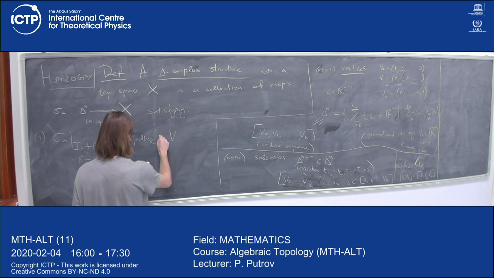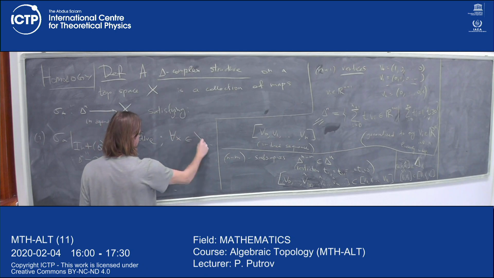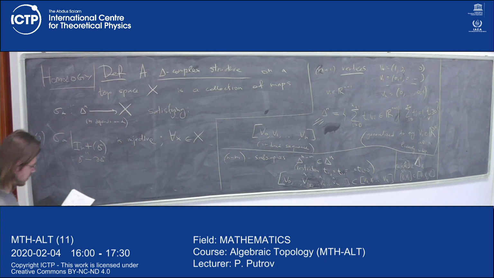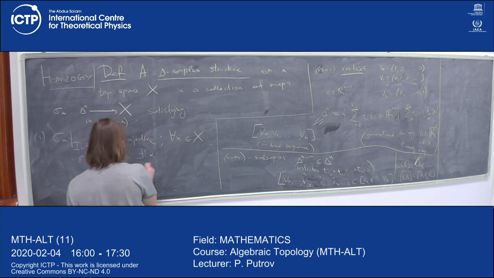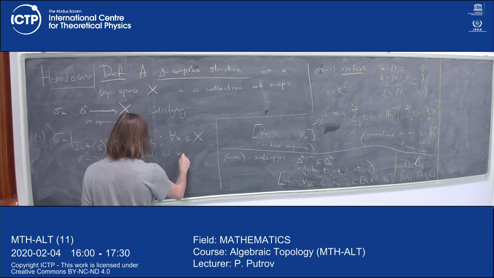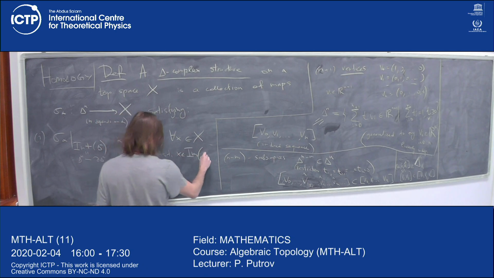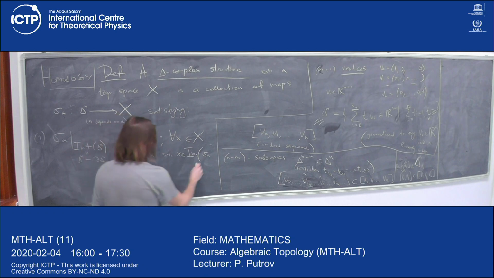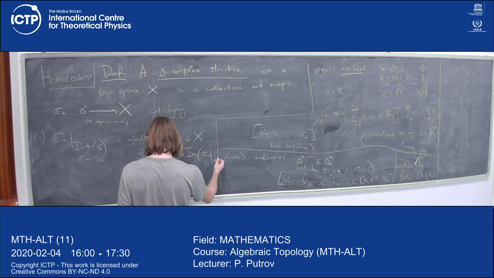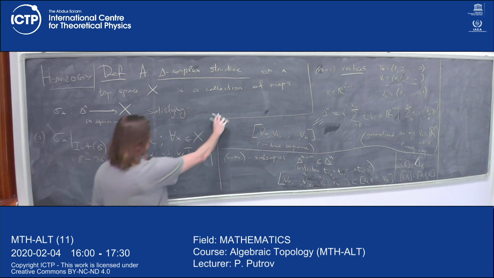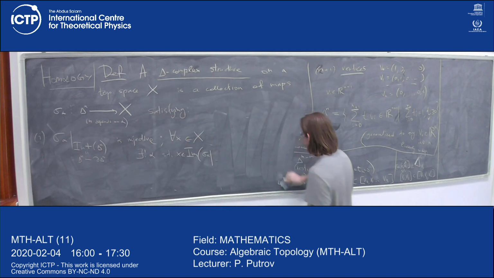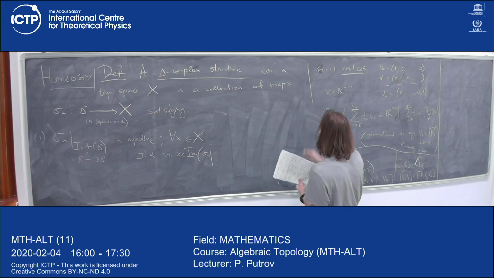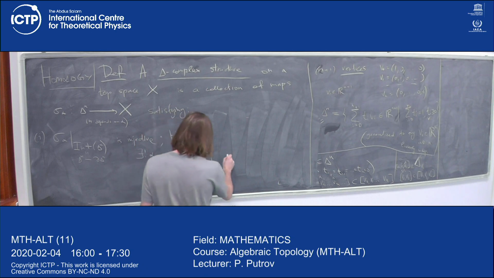And moreover, for any point x in my topological space, there exists a unique alpha such that x is in the image of this restriction of sigma alpha to the interior of the simplex.